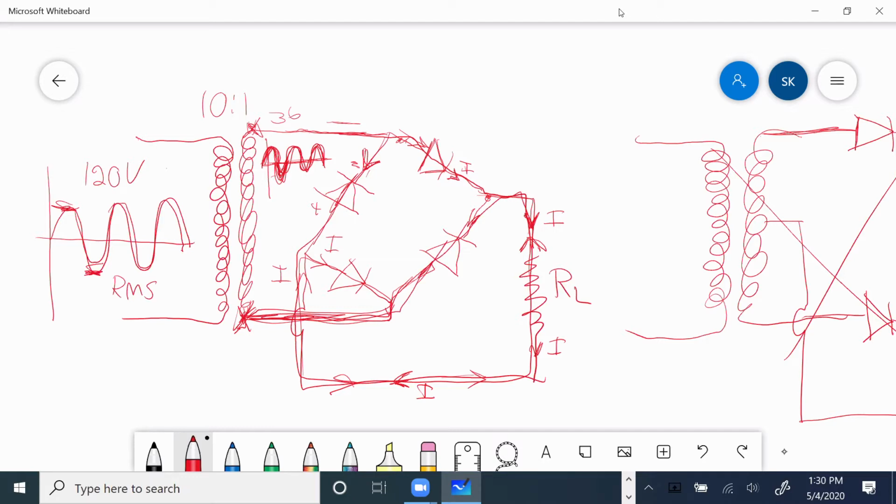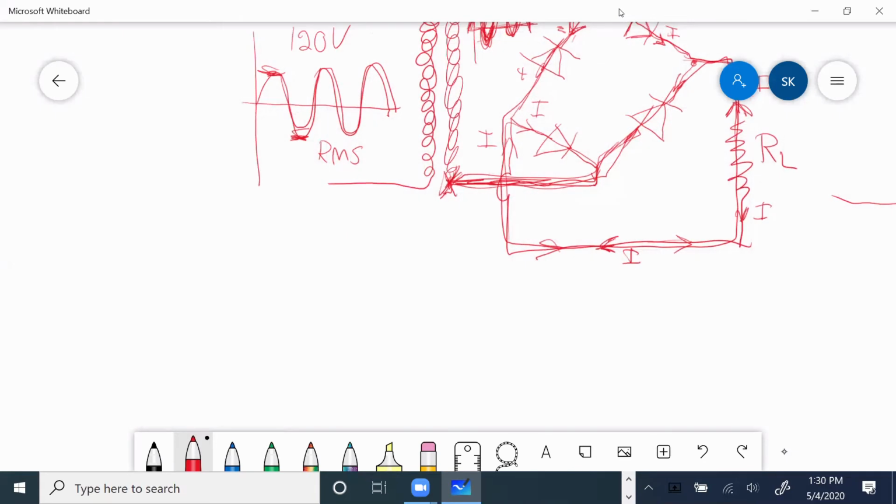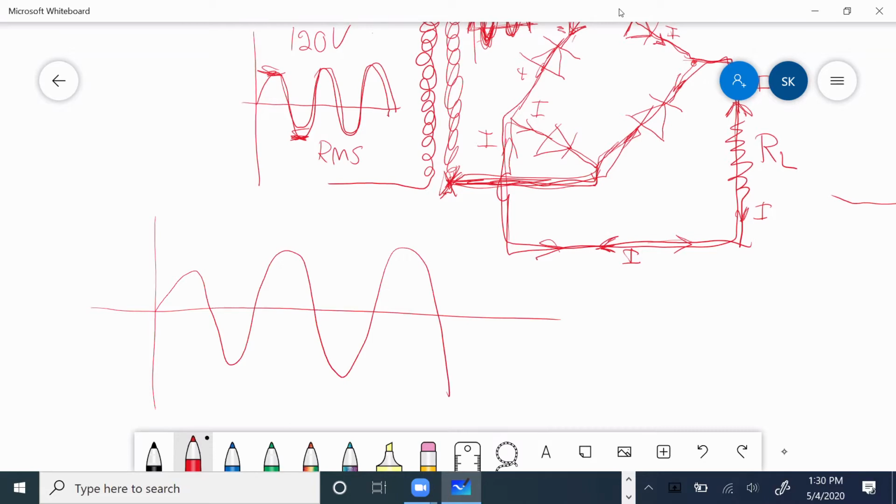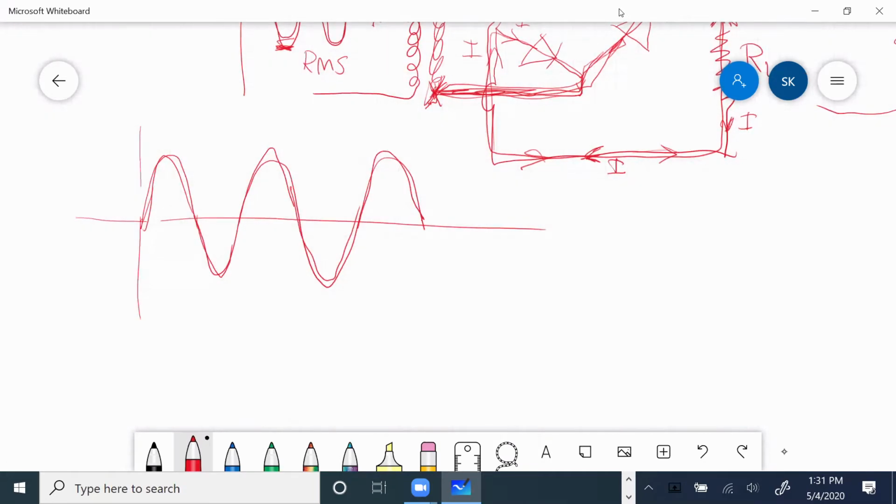So now if we have this as the input voltage, that's input.